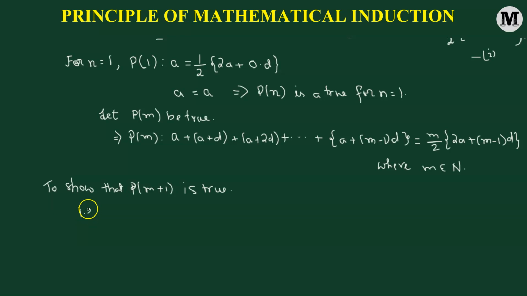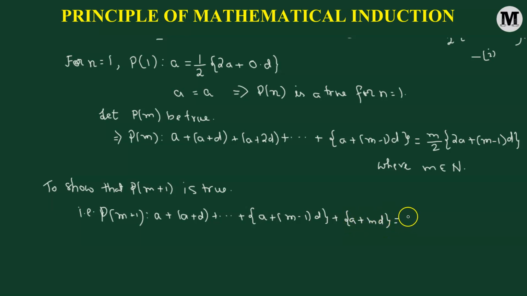Meaning, in essence, we have to show that for P of m plus 1, the statement is going to be such that we have a plus d, that's the second term, going all the way up to a plus (m minus 1) times d. But since we're considering m plus 1, when we replace m with m plus 1, that's going to give us the last term, which is going to be a plus m times d.